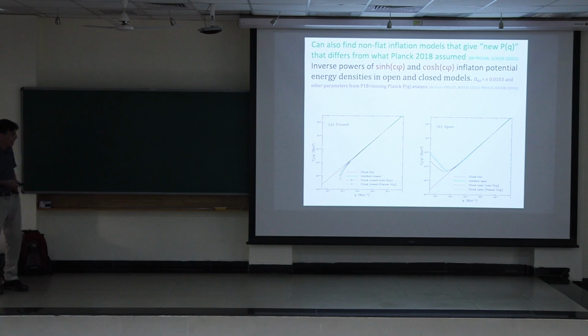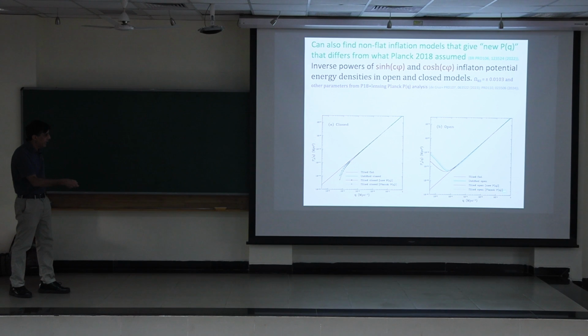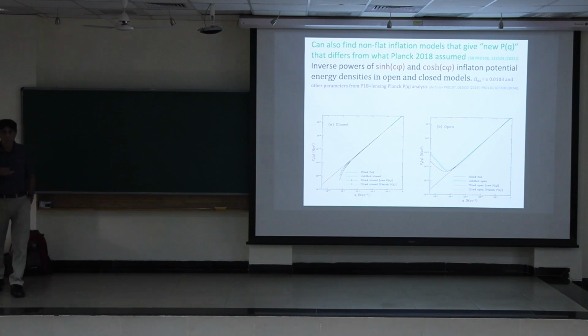I don't want to show you the analytic expressions, but you can see, say in the open case, the flat model's matter power spectrum is this blue line, and the red line is the power spectrum I computed, and this dotted line here is the power spectrum from the Planck analysis. And you can see the differences. They're out at very, very large scales, so there are going to be issues with cosmic variance.